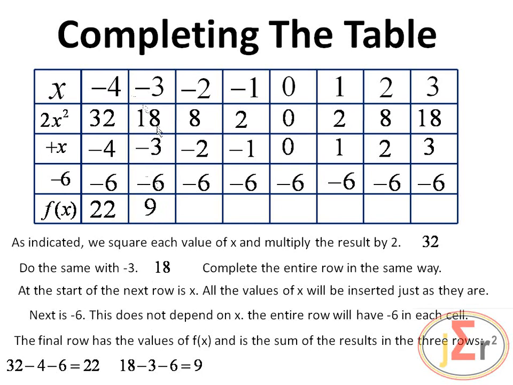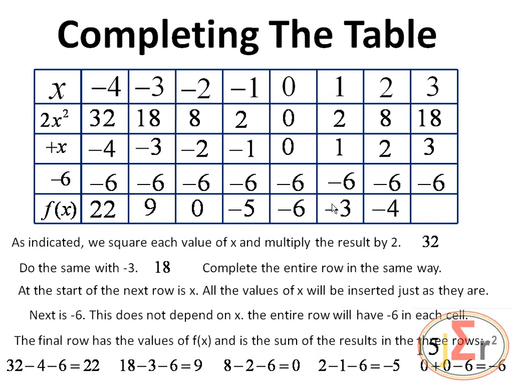Or we may say 18 minus 3 is 15, minus 6 is 9. 8 minus 2 minus 6 is 0, that goes there. This one we have 2 minus 1 minus 6, that gives a negative 5. It goes right there. Right there we have 0 plus 0 minus 6, and that will give a negative 6.